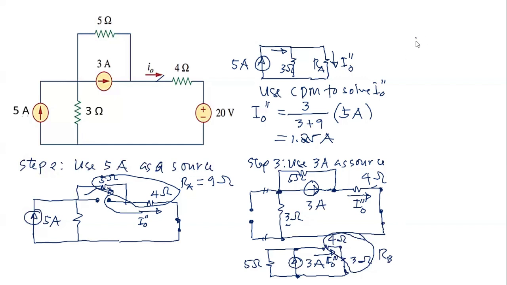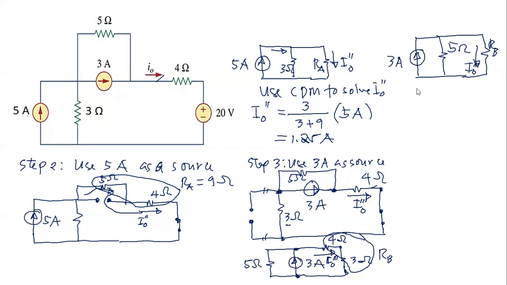So we can write first the 3 amperes. Then after that, we have the 5 ohms. And we have the RB. In RB, the current that flows here is IO triple prime.